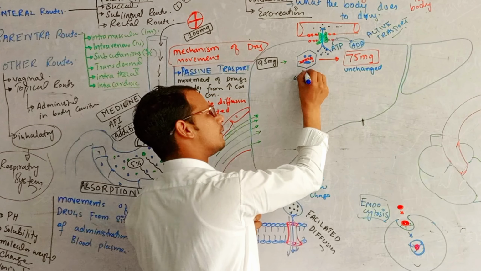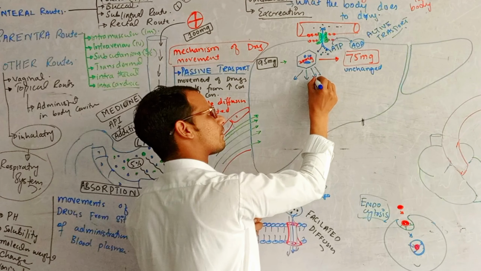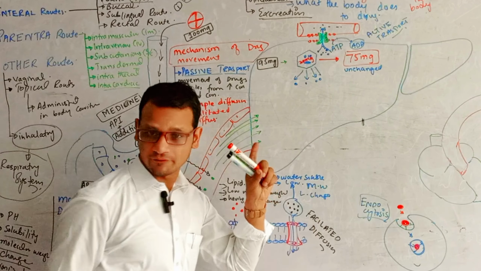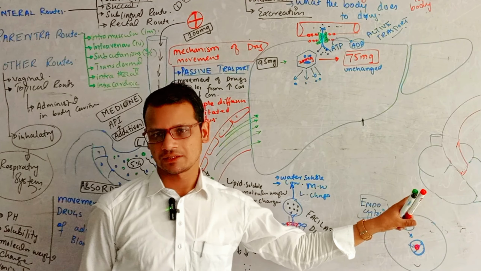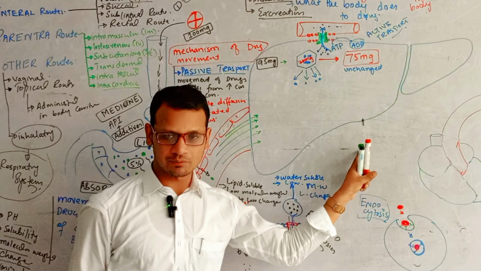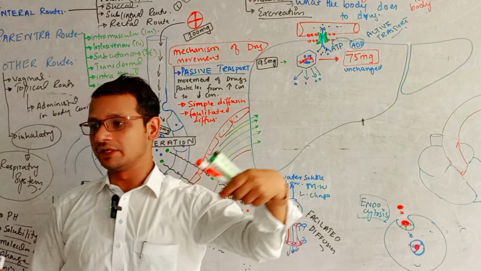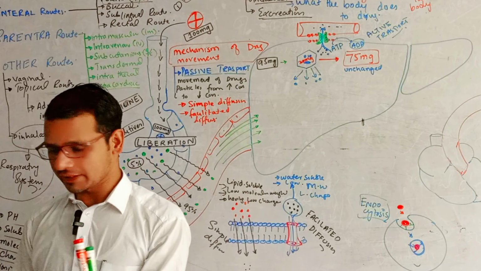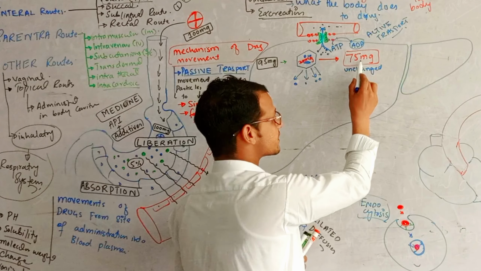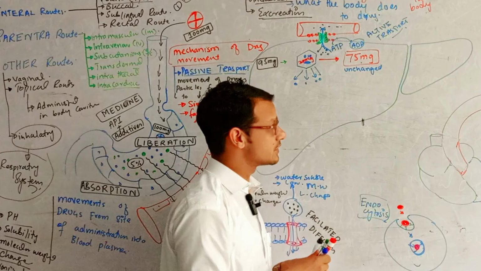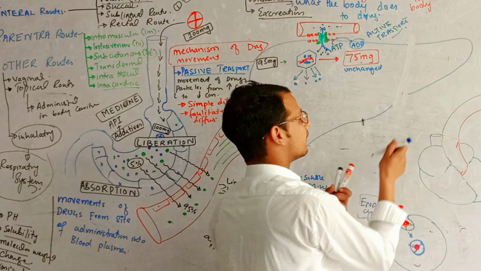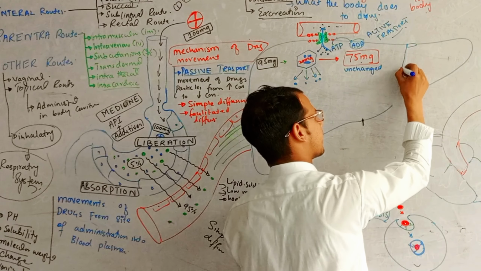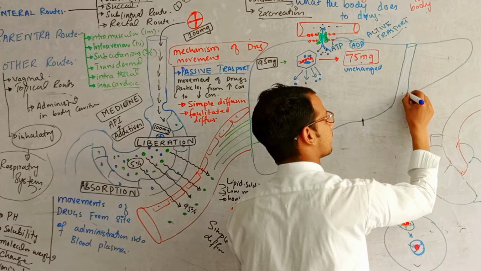This drug will metabolize, will affect, and will be excreted from the body through bile. It goes into bile, and from bile it will leave the body through the GIT. But here this 75 mg drug is unchanged, and it will go into the vena cava, hepatic vein.